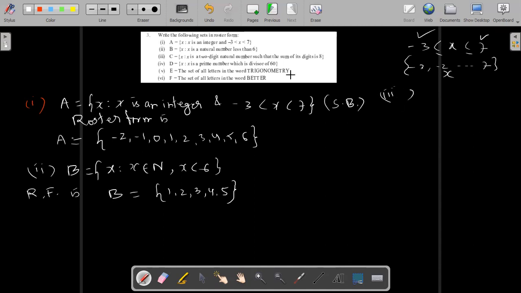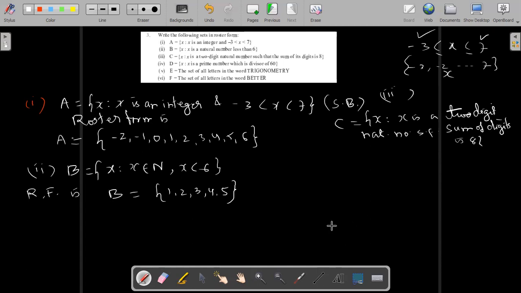Question number 3: x is a two-digit natural number such that the sum of the digits is 8. So we have to find the numbers where the sum of the digits is 8.